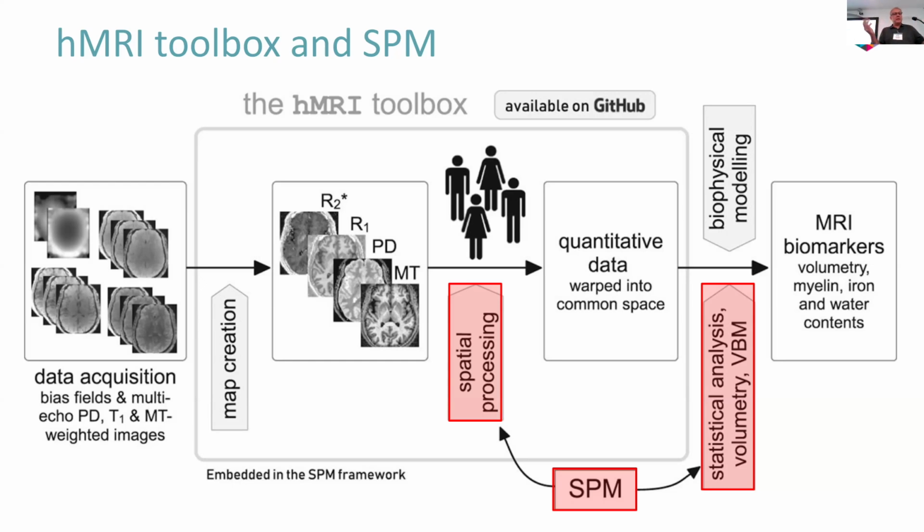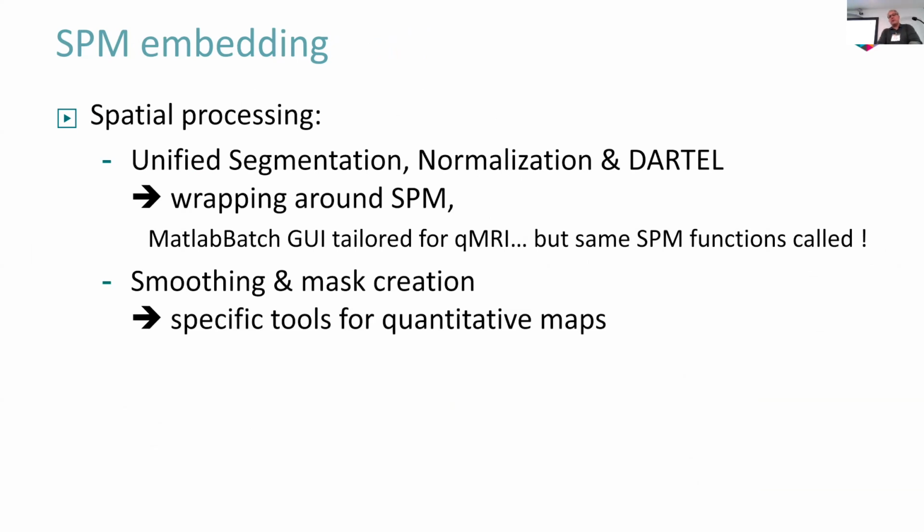So mixing them is ruining that part. So there is some tissue specific smoothing that was proposed by John originally for Bogdan's paper. And then mask creation, I'll illustrate that.